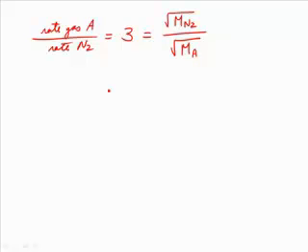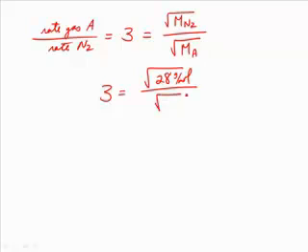So 3 is the square root of the mass of nitrogen, about 28 grams per mole, over the square root of the mass of A. So the square root of 28 divided by 3, squared, gives me a mass of A of about 3.11 grams per mole, which is choice A.